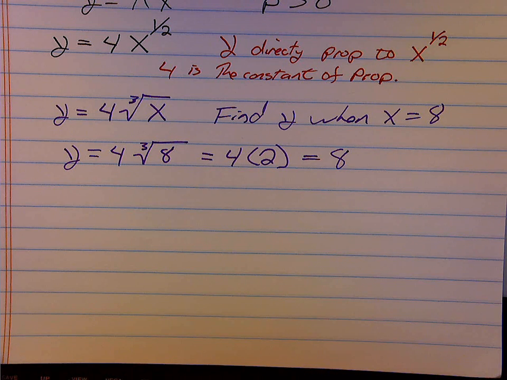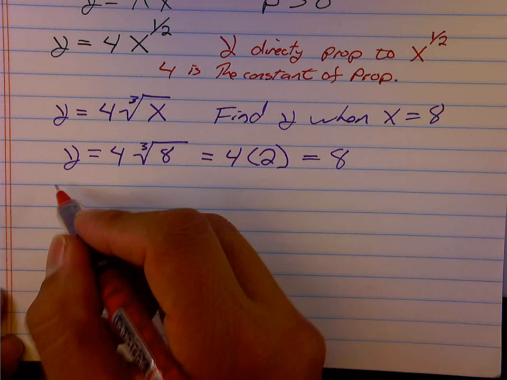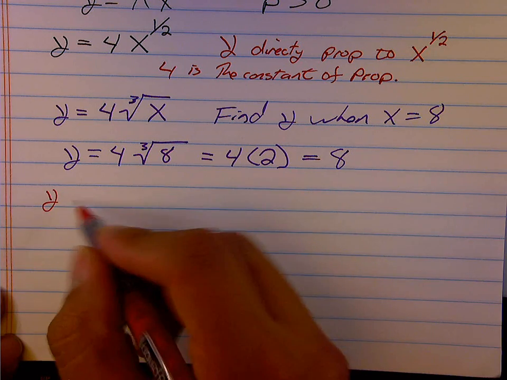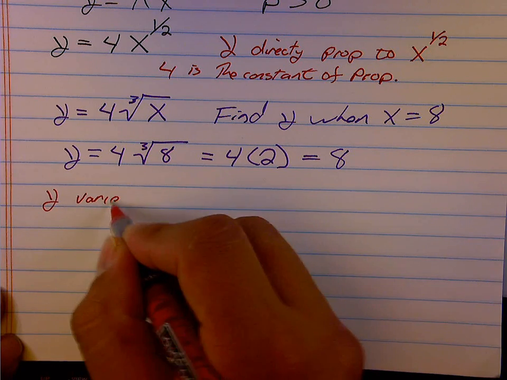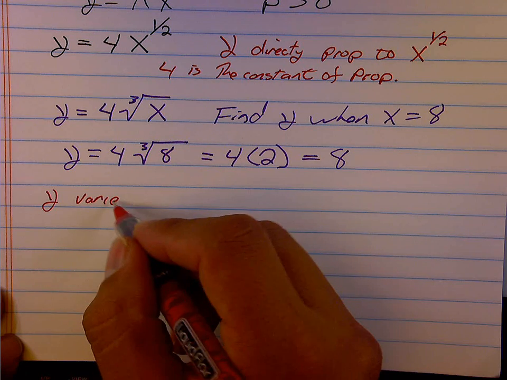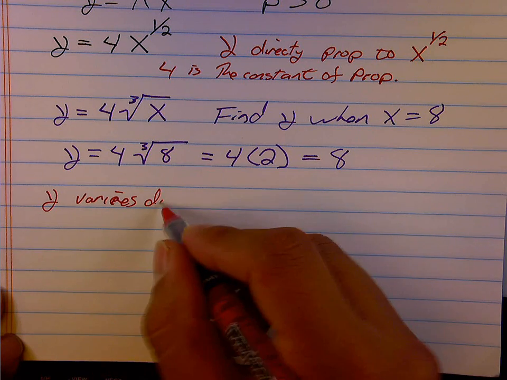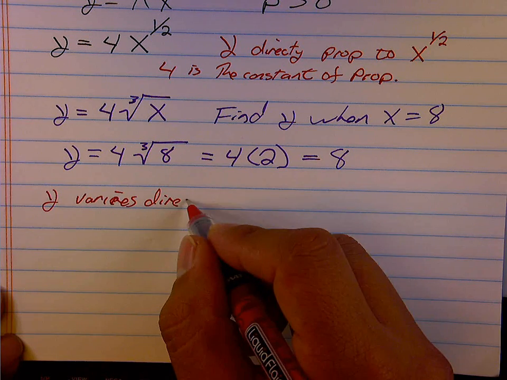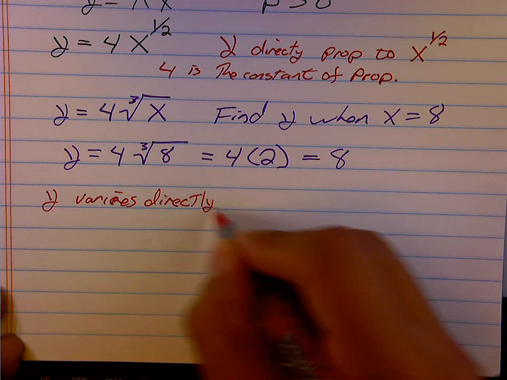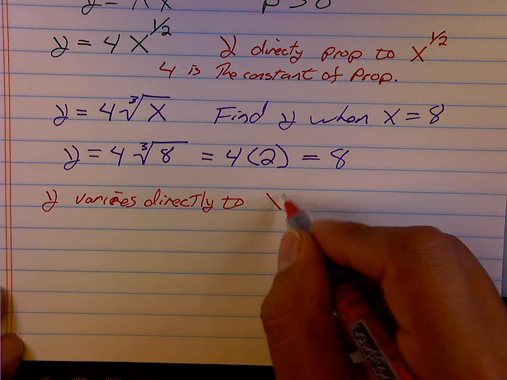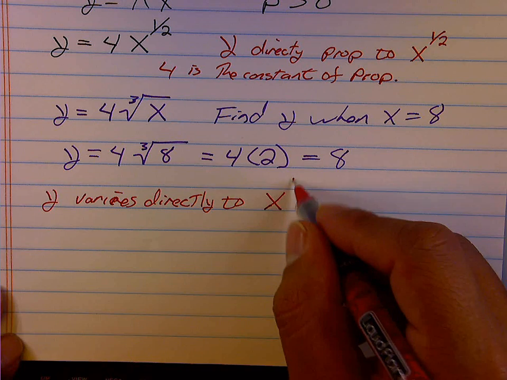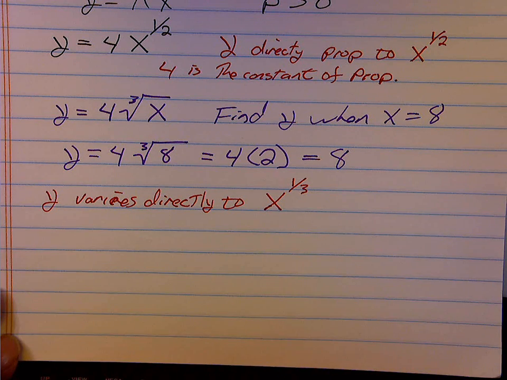I'm also going to ask you to identify what y is proportional to and what the constant of proportionality is. So, I would answer that by saying y varies directly with either the cube root of x, or you can write it x to the 1/3.